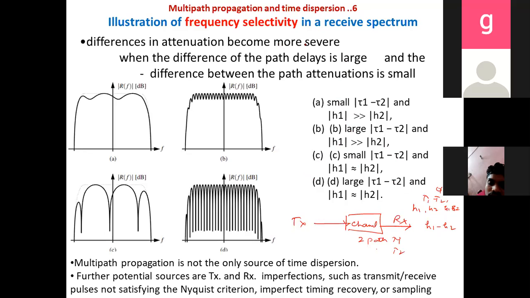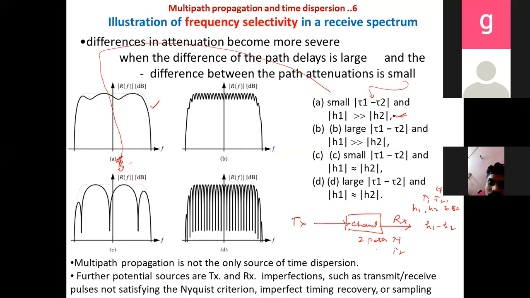In the first case, the difference in the time delays, tau1 minus tau2, is very small, and the difference in attenuation is very severe, with the attenuation of H1 much larger than H2.